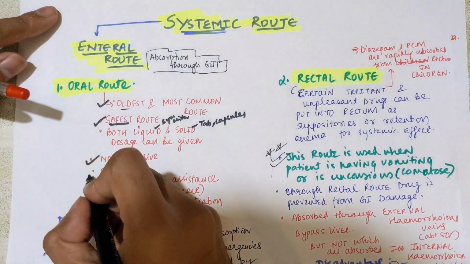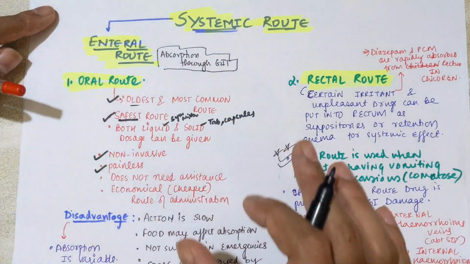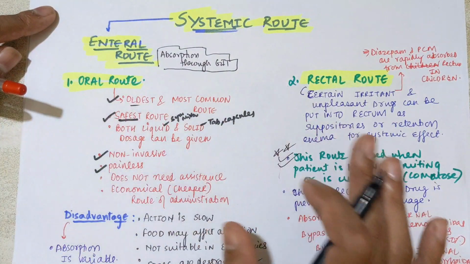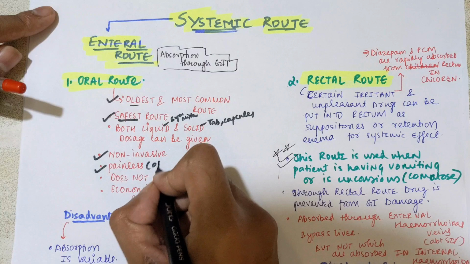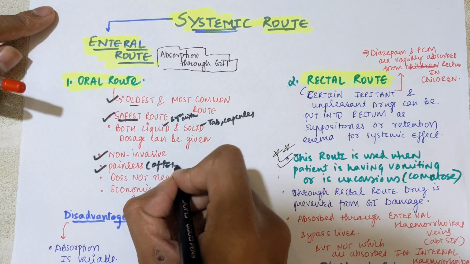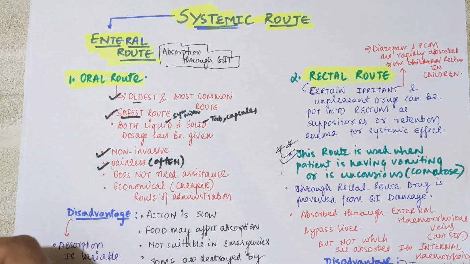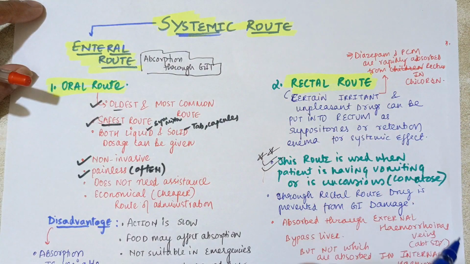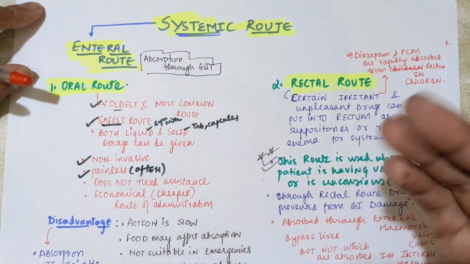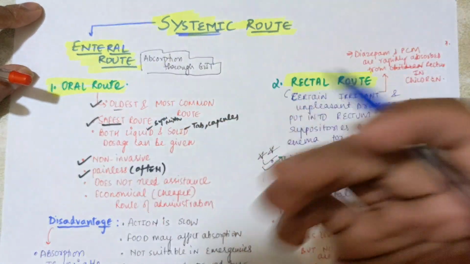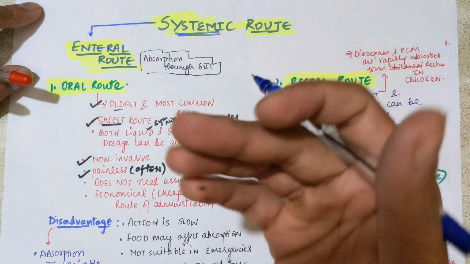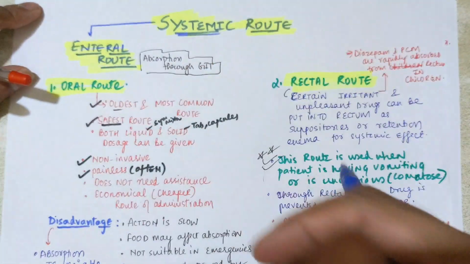Clear? And it is painless also, as we are not invading any organ or skin, so there is no pain. And there is no need of assistance. Assistance means the doctor prescribes you the medicine and you go home, and according to the dose and how many times in the day you have to take the drug, you take it on your own.